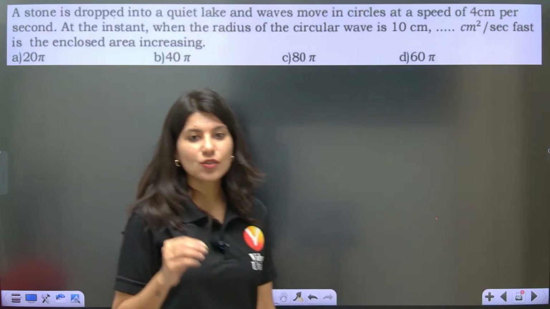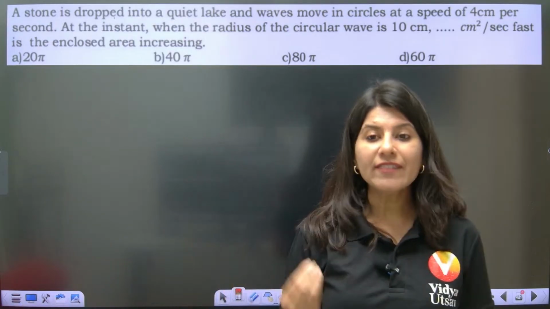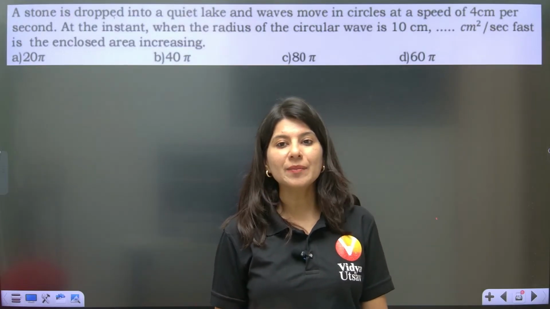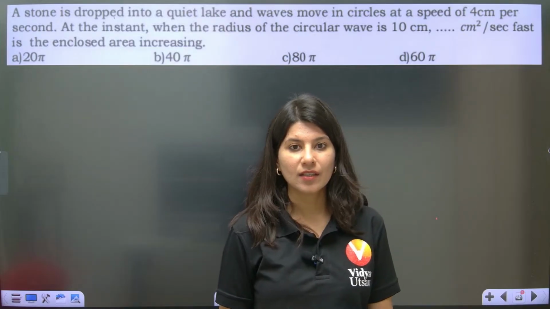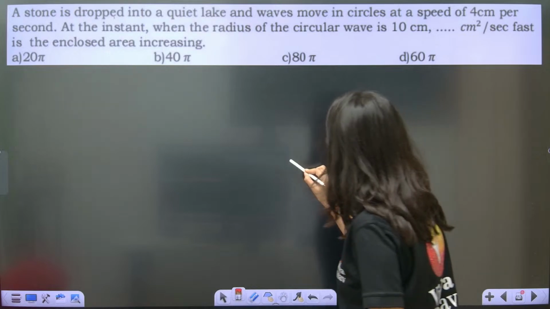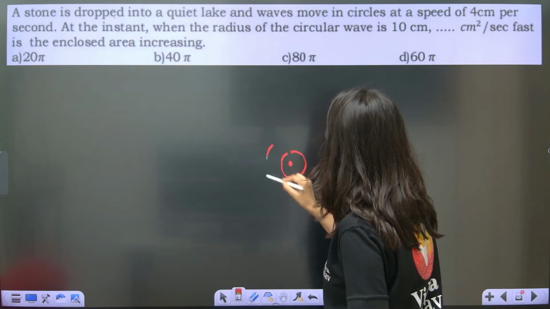A stone is dropped into a quiet lake and waves move in a circle at a speed of 4 centimeter per second. So what is happening? This is the middle of the lake. Now this is your lake.